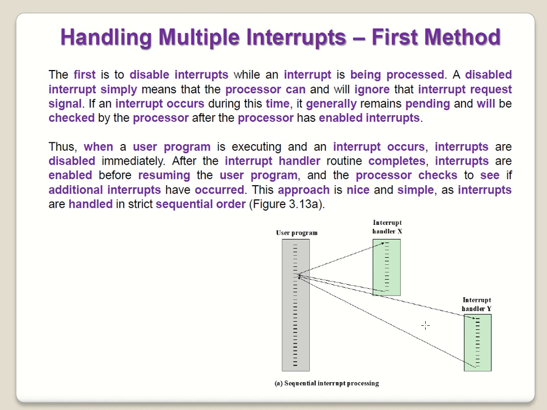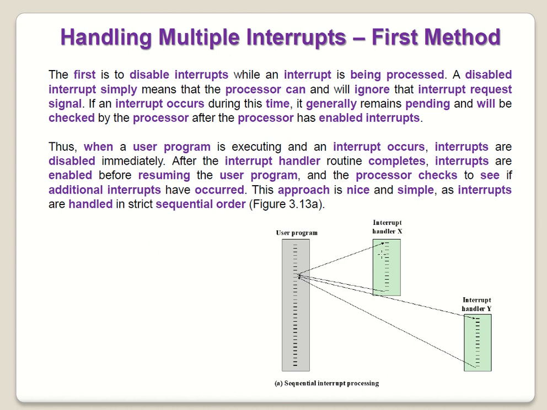So when the user program is executing and an interrupt occurs, the interrupts will be disabled immediately, because the CPU jumps to the handler. After the completion of the handler, interrupts will be enabled right before resuming the user program.